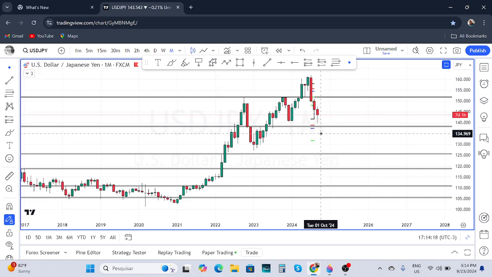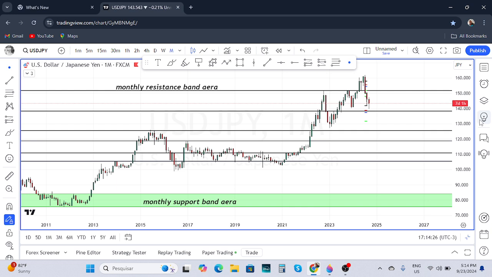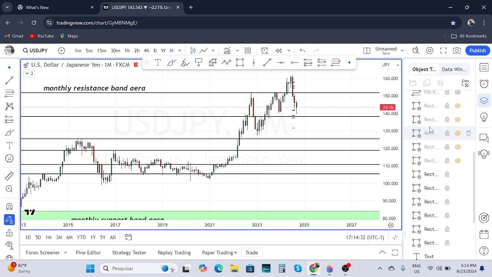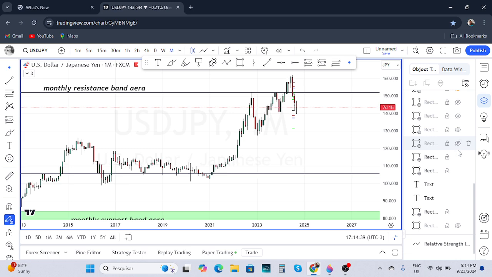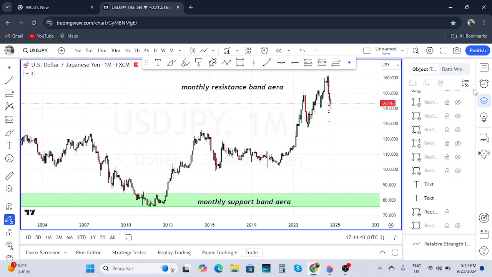I have my support, resistance, pivot point areas already spotted out on the monthly time frame, but that is not what I want to share with you guys today. So let me quickly take out the support and resistance pivot points and have a blank chart so you guys can see my chart clearly.